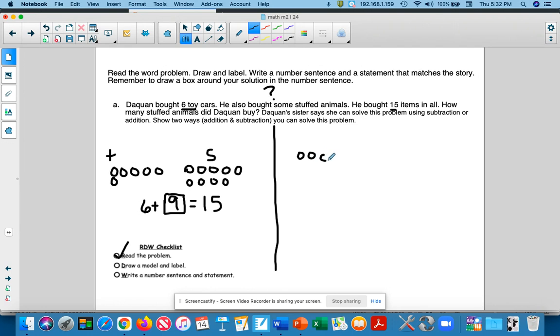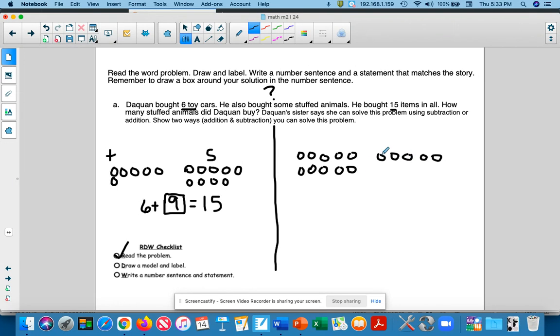So I have 1, 2, 3, 4, 5, 6, 7, 8, 9, 10, 11, 12, 13, 14, 15. And as I said before, the 5 group just makes it neater that you can clearly see what you need, what you have, 5, 10, 15.